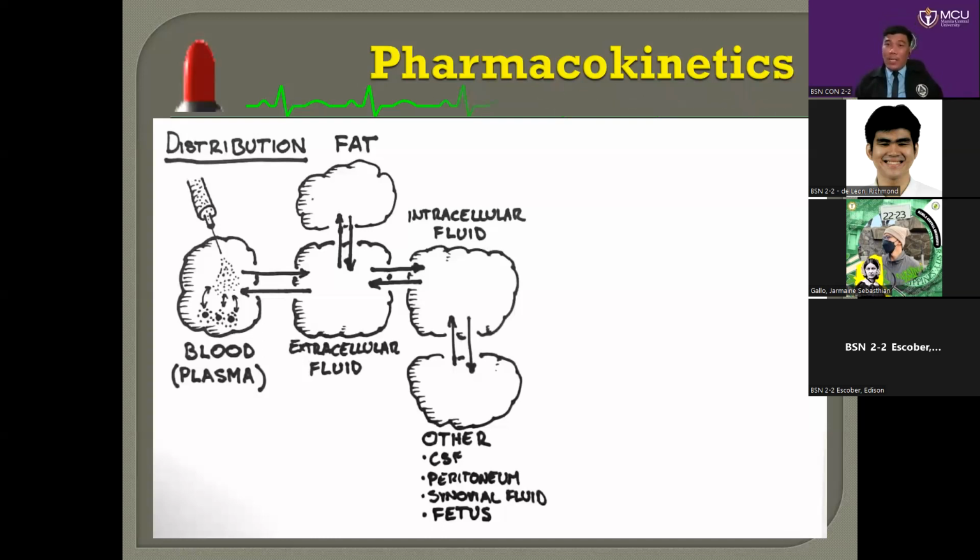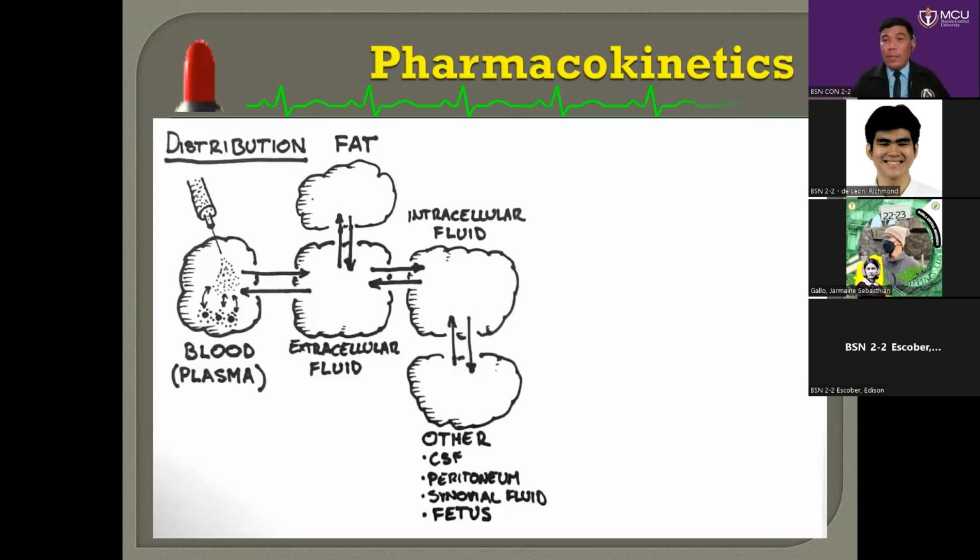The intracellular fluid or compartment also has positively charged and negatively charged electrolytes. The positively charged electrolyte for the intracellular compartment is potassium, and the highest negatively charged electrolyte is phosphate. These electrolytes are very important because they also cause the bonding of drugs that is essential for distribution.